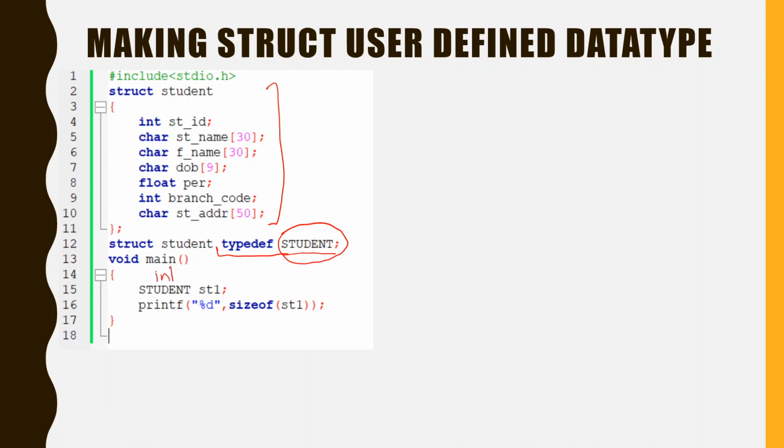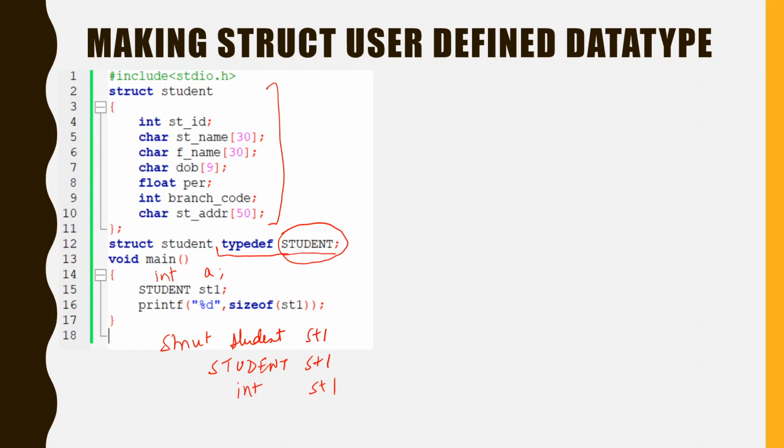Instead of writing struct student st1, we have simply written capital Student st1, and this is simply doing the same, like integer st1. In this way, we have defined the type of this struct student as a single word.